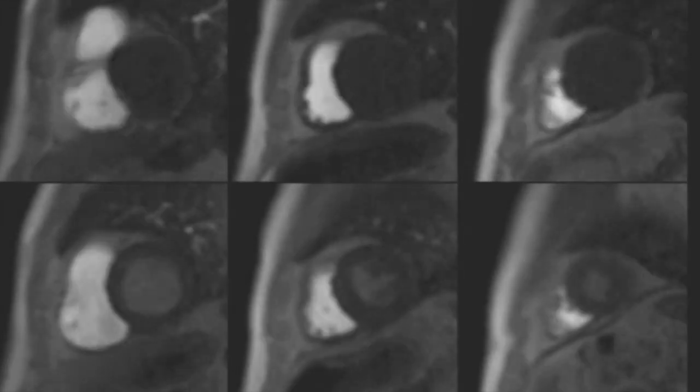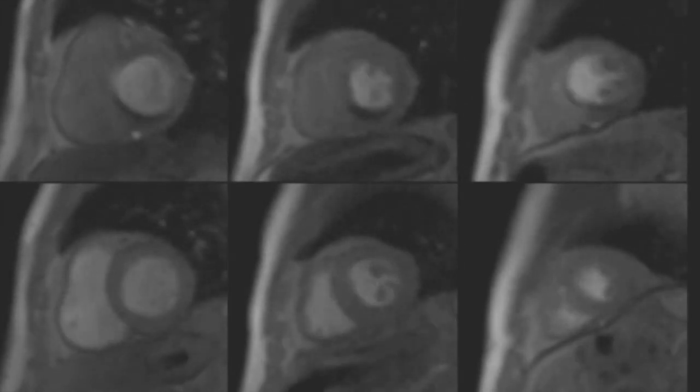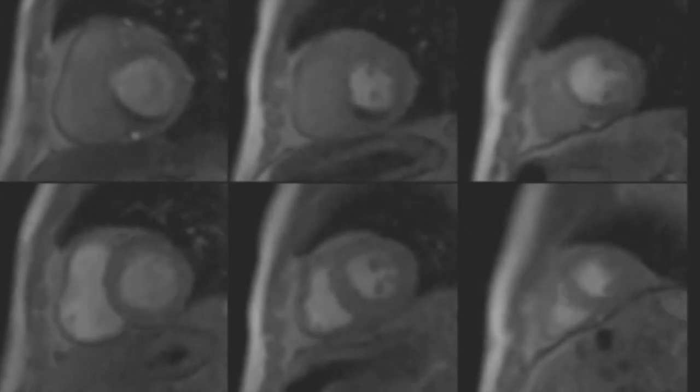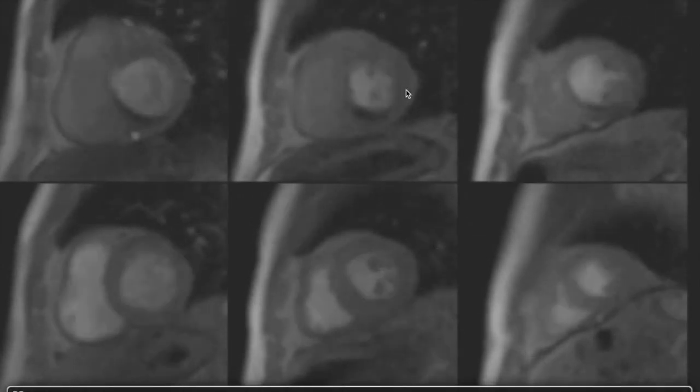If the heart rate is low, you can get the basal, mid, and apical short axis images and also a 4-chamber image as part of the first pass perfusion. Now, in this image, what you would see is the contrast first enters into the right ventricle, then into the lungs, left ventricular cavity, and then through the coronary arteries into the myocardium.